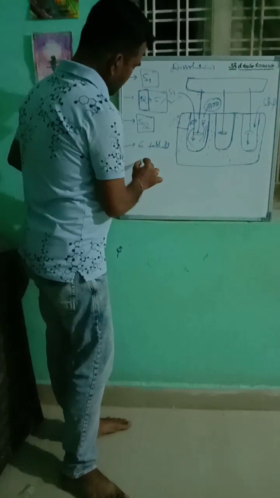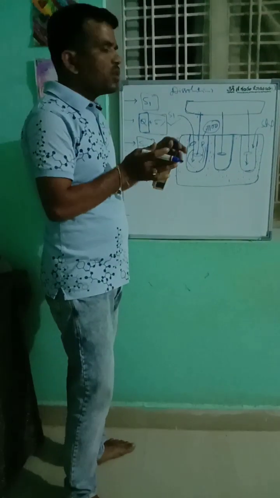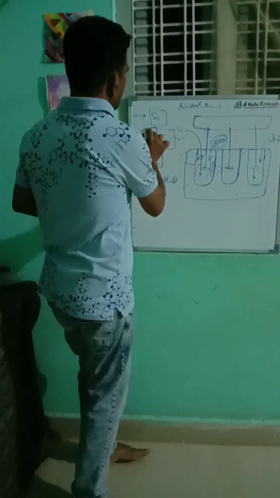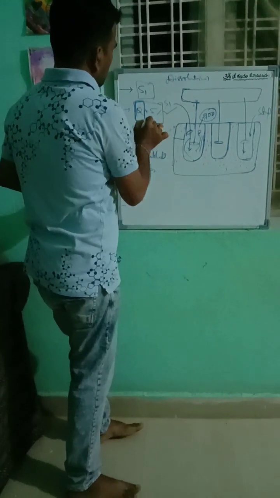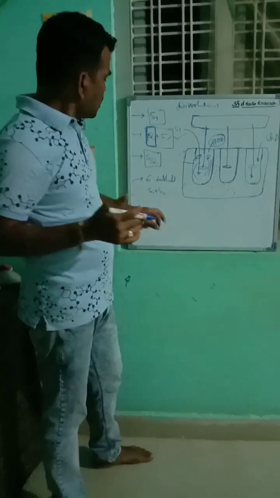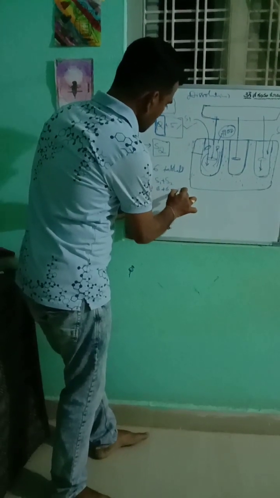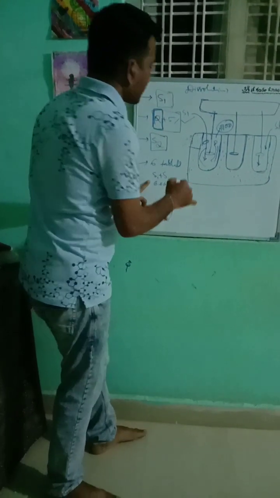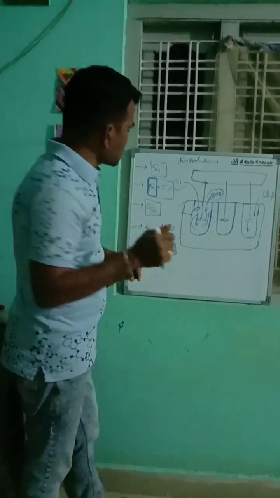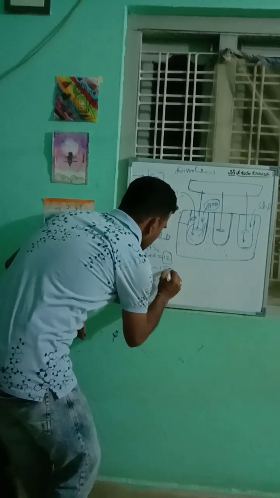Here the results of S1 plus S2, all 12 units, should be greater than or equal to Q. Whatever Q is mentioned, that result should be matched. That means the 12 results should be greater than or equal to Q, and no more than one unit should be less than Q minus 15%.